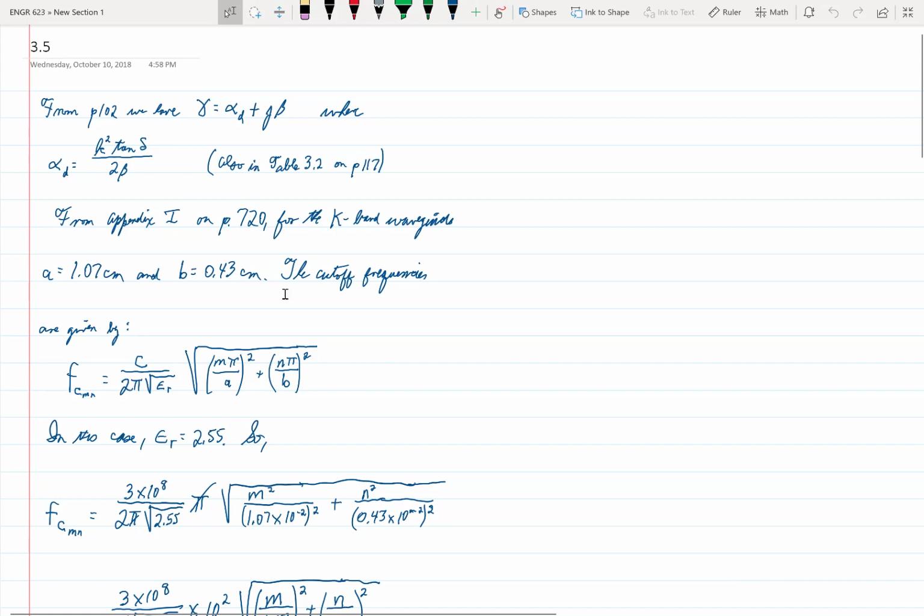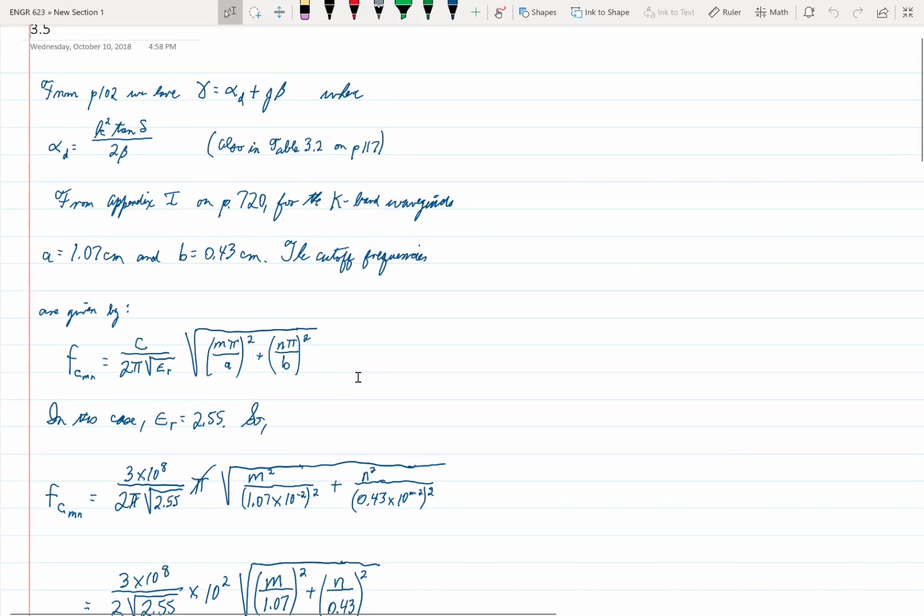And from table 3.2 again, the cutoff frequencies are given by Fc sub mn equals c over 2 pi square root of epsilon r times square root of m pi over a squared plus n pi over b squared. Now, in the present case, as we have already said, epsilon r is equal to 2.55.